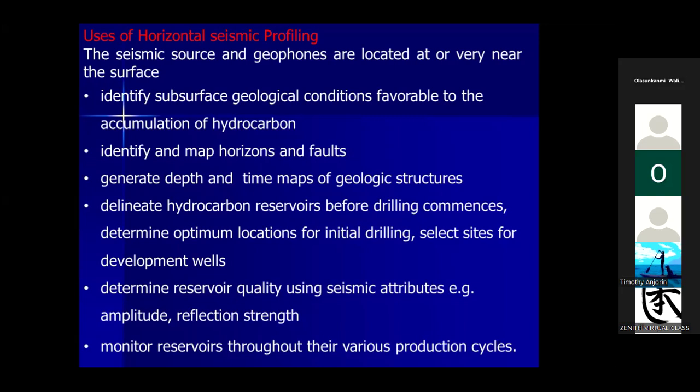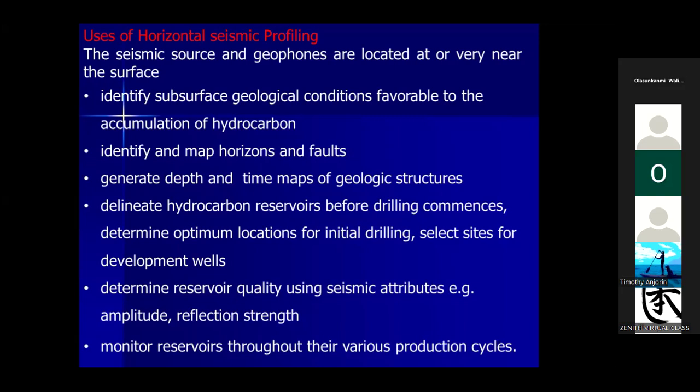When that has been confirmed, another question is, what is the quantity that we have there? So we have what is called an exploratory well, an appraisal well, and a production well. The exploratory well is when you're still searching, the wildcat, the first well you drill to confirm the presence of hydrocarbon.